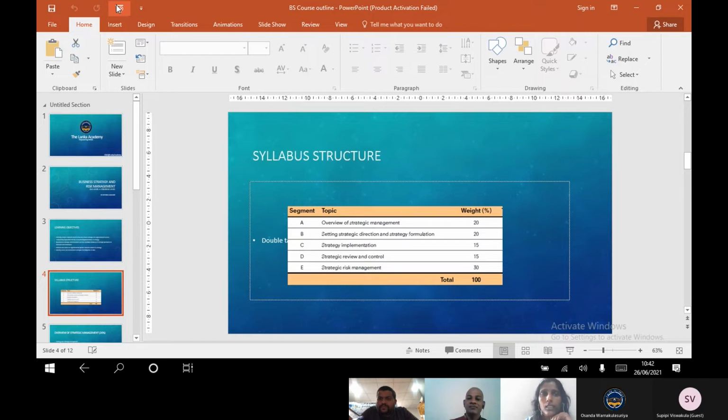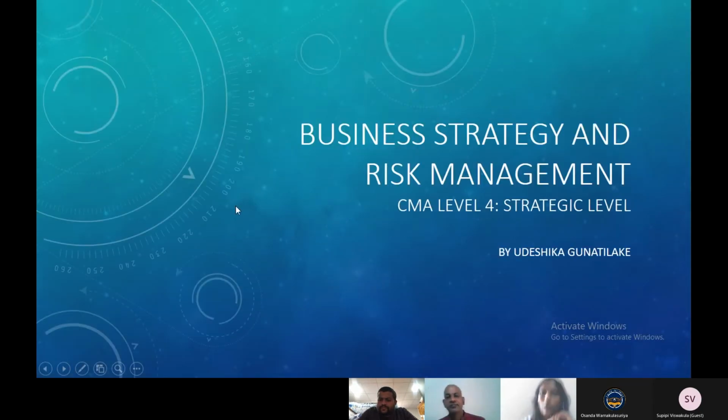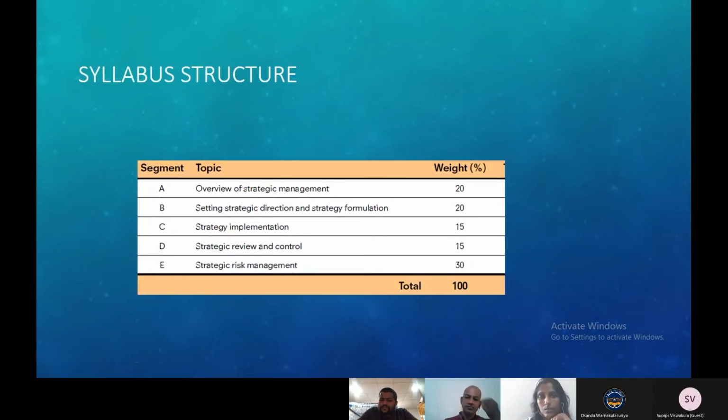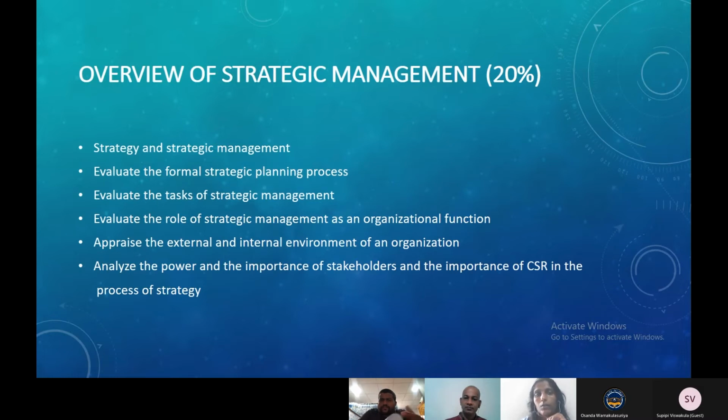That is the overview of your 70% of business strategy, and the other 30% is all about strategic risk management. In business strategy, the first part is called overview of strategic management, which is 20% of your syllabus.